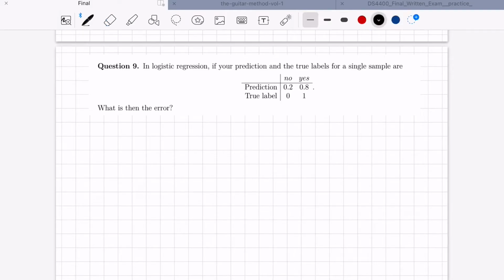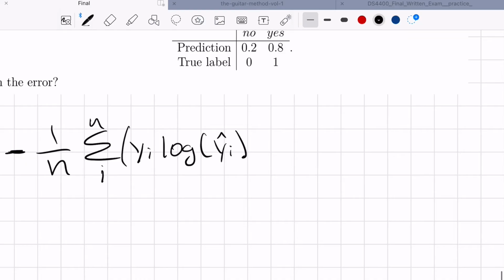Assuming we have a prediction in mind, which we do in this case, I'm just going to write out our simplified objective, which is negative 1 over n times the sum from i to n of y_i, the ith label, times log of y hat of i, the ith prediction, plus 1 minus y_i times log of 1 minus y hat of i.